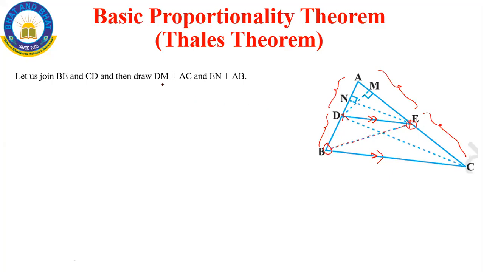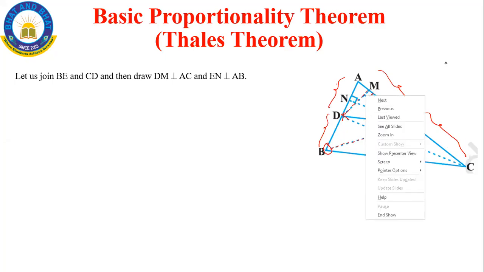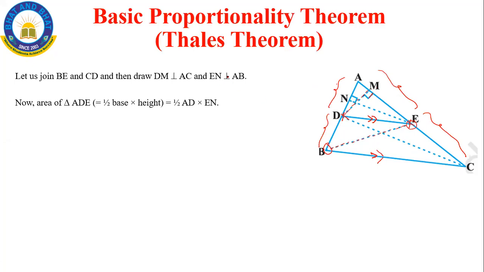Then draw DM perpendicular to AC. So from point D, I am drawing a perpendicular onto AC. So DM is perpendicular to AC. Then I have to draw EN perpendicular to AB.